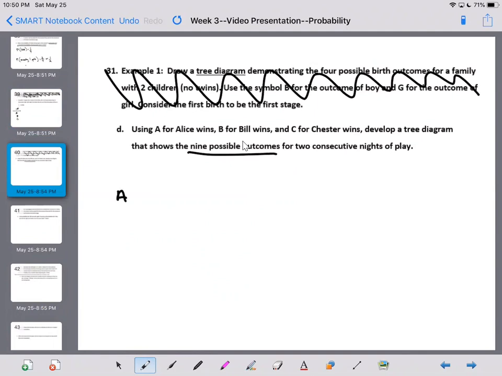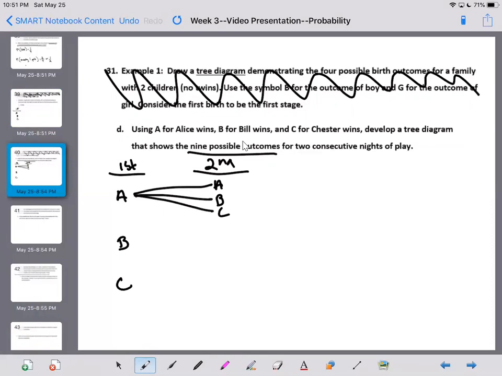So like I said, the first night, Alice, Bill, Chester. Now, what could happen on the second night? Well, if Alice won on the first night, Alice could win on the second night. Bill could win on the second night, and Chester could win on the second night. Same for Bill. You got Alice, Bill, and Chester.